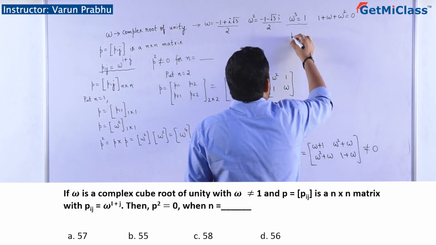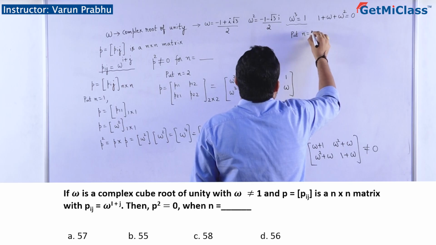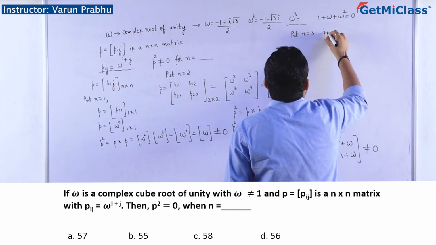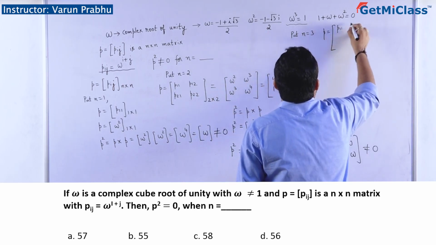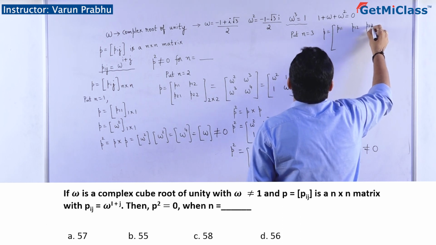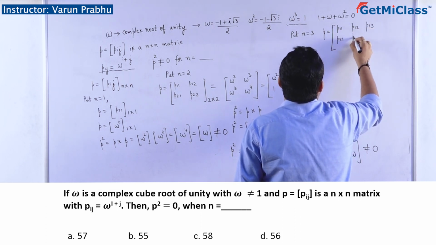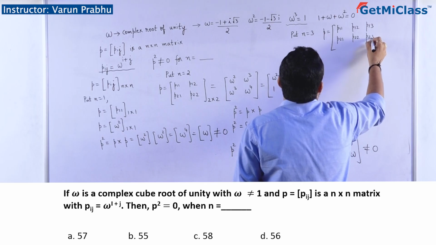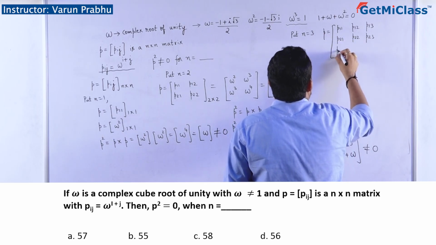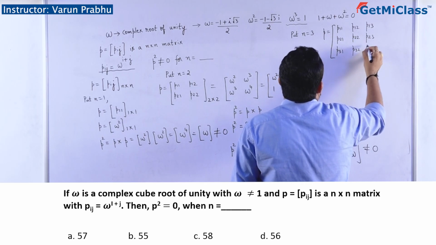Now we'll put n is equal to 3. When you put n is equal to 3, the matrix P will be a 3 cross 3 matrix: P11, P12, P13, P21, P22, P23 and P31, P32, P33.